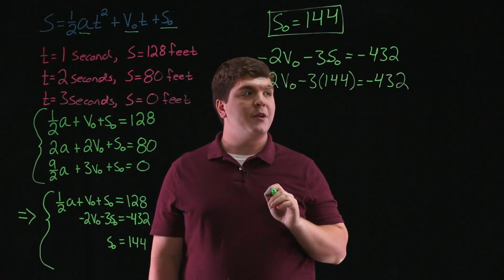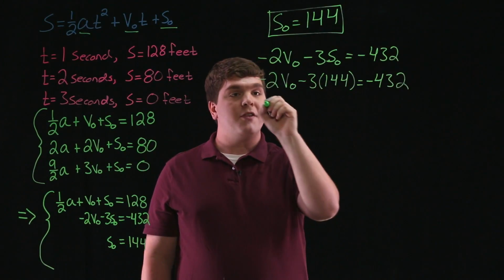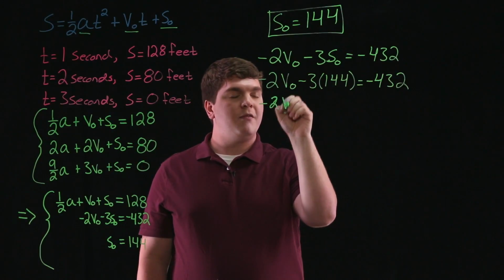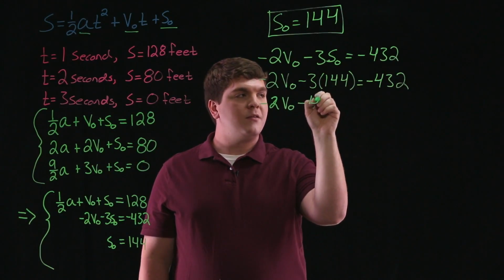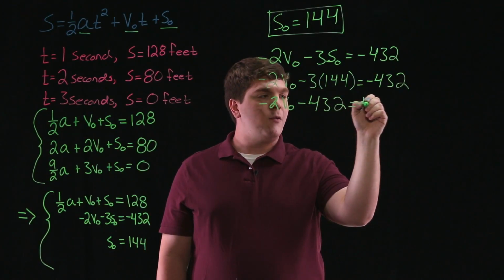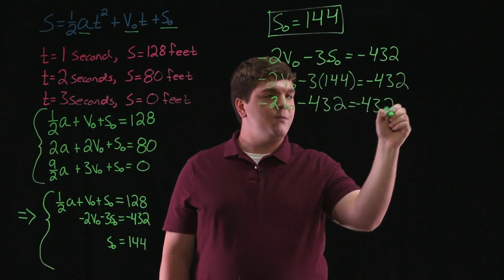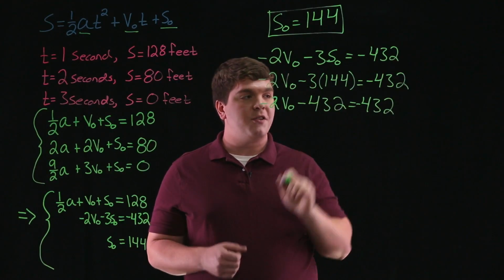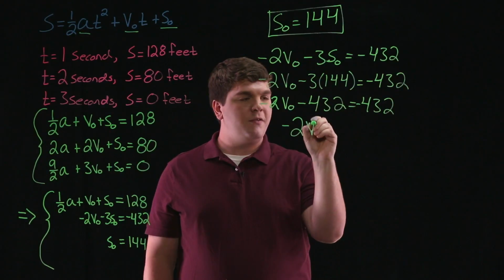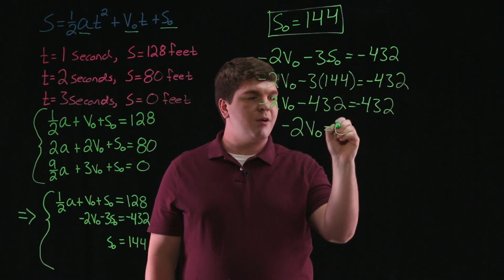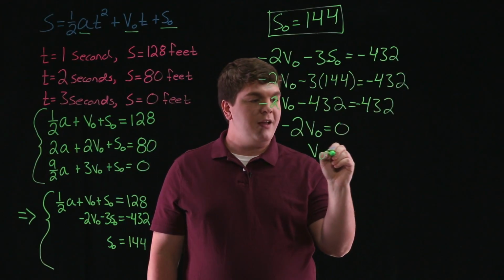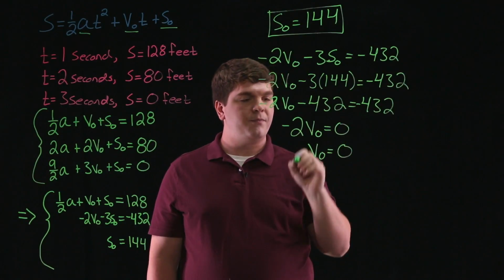Now 3 times 144 is 432, so we end up with negative 2 V naught minus 432 equals negative 432. Adding 432 to both sides of the equation, we have negative 2 V naught is equal to 0, and solving for V naught, we find that V naught is equal to 0.